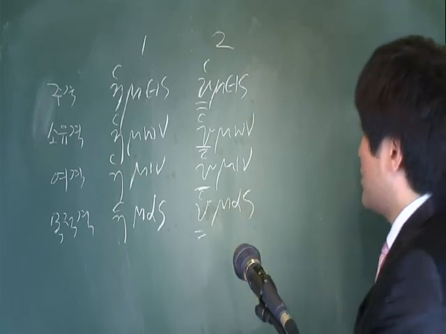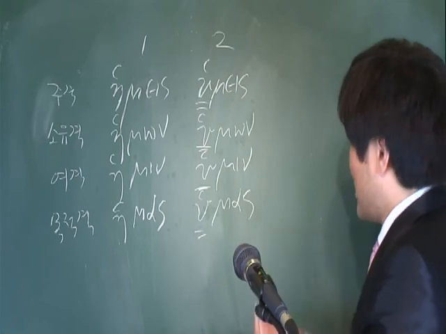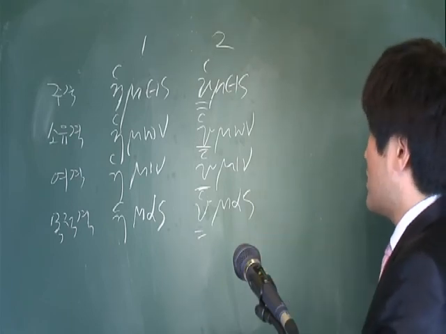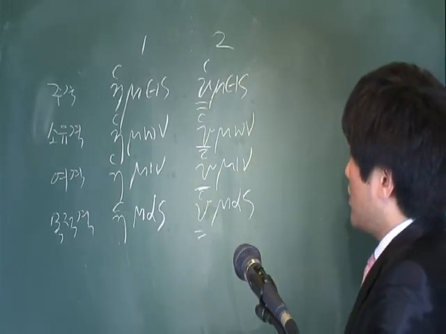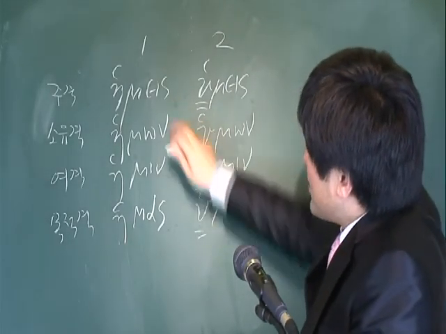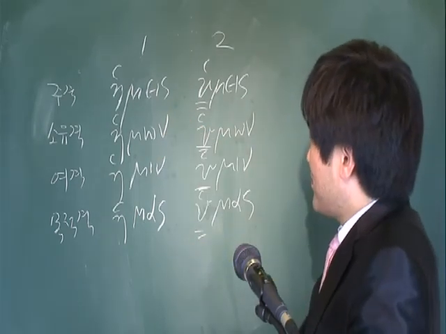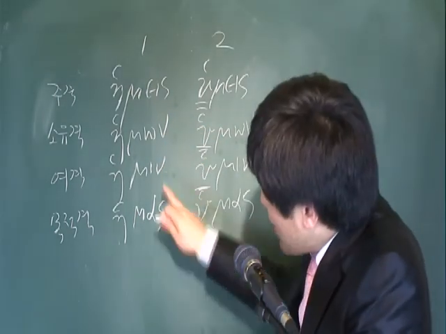Let's look at two examples. Ho autos aner. Ho autos apostolos. Here, autos was placed between the definite article and the noun.